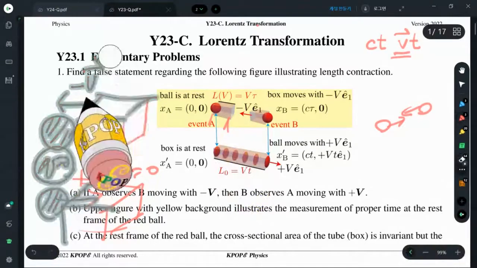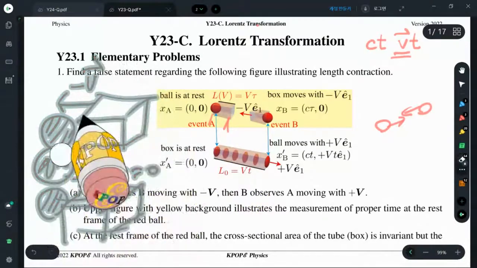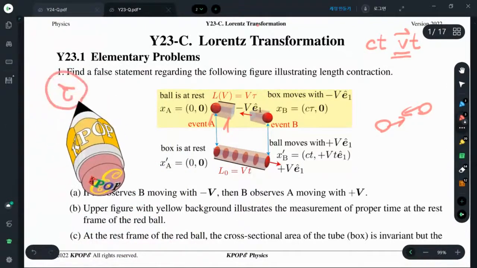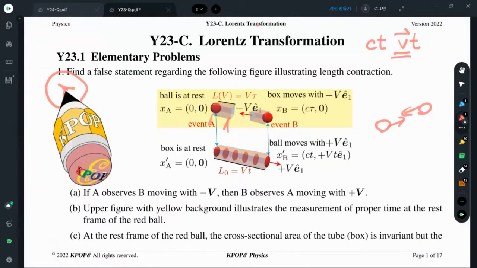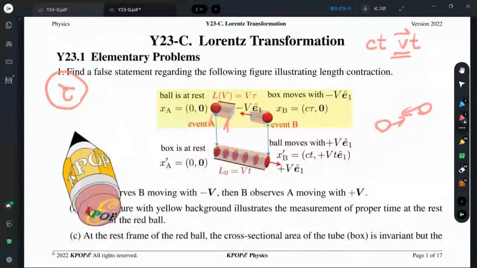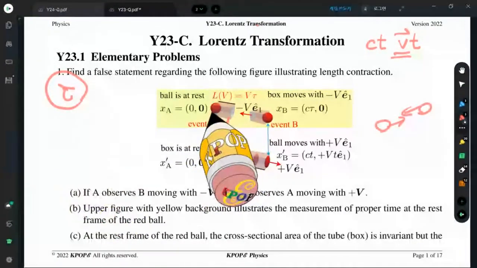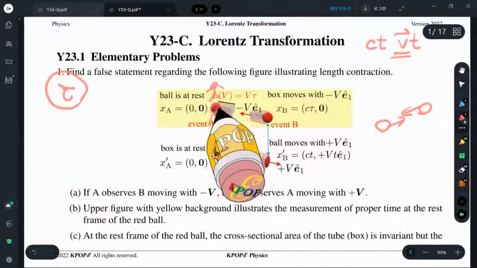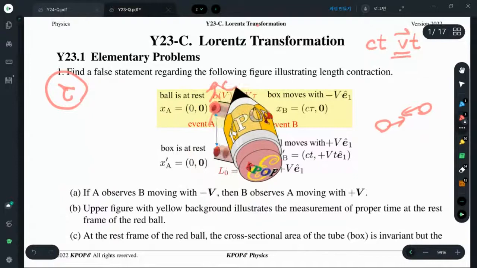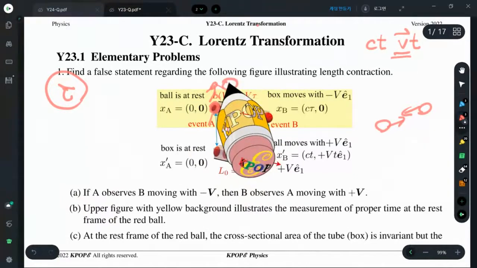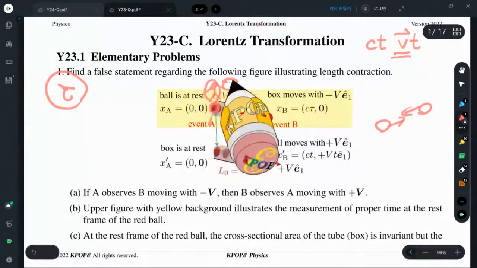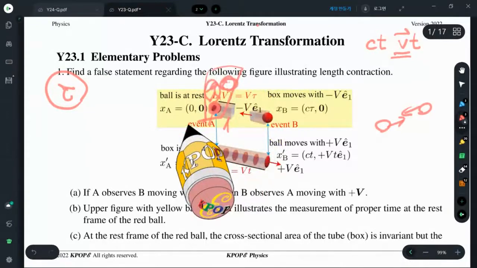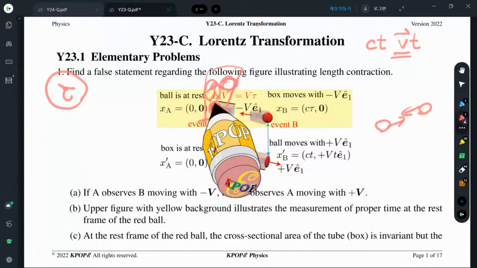First way is to make use of proper time. How can I use the proper time? If you are standing on this red ball and you have a watch, you and the red ball do not move at all. They are fixed.